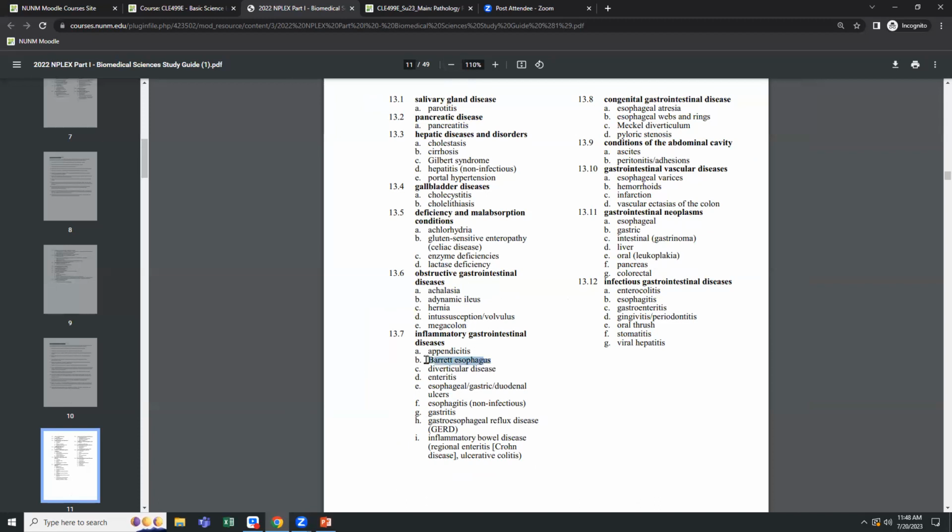Maybe look at Barrett's in regards to this tissue change that occurs and the location where you would see said tissue change. That's a histologic question. There's actually pathophysiology there. For congenitals, the only one I would really look into is Meckel's diverticulum.